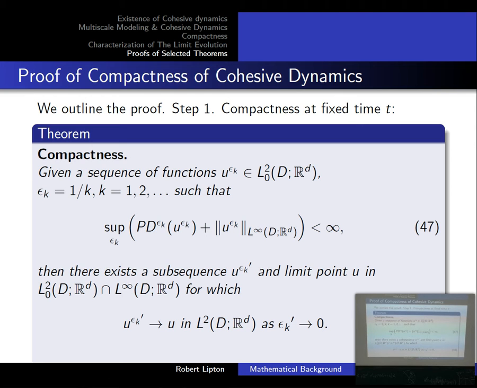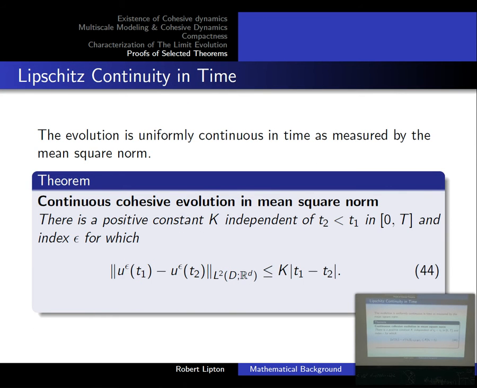So this is a theorem. This is a new thing you have to dig out of the peridynamic solution, but because of these peridynamic equations, we have it, so there exists a limit point. Then we can use the previous result, which was the Lipschitz continuity in L2.